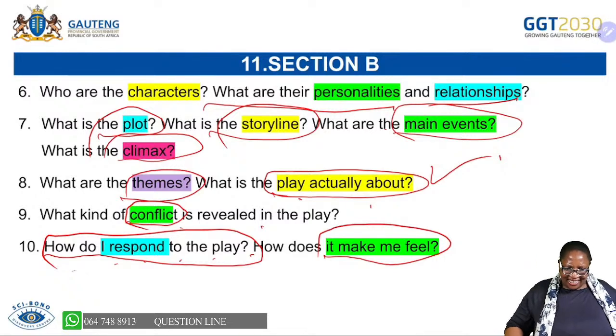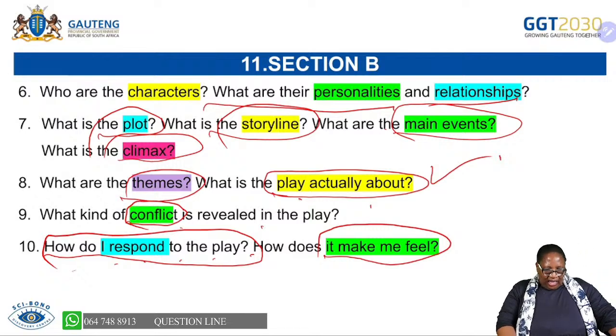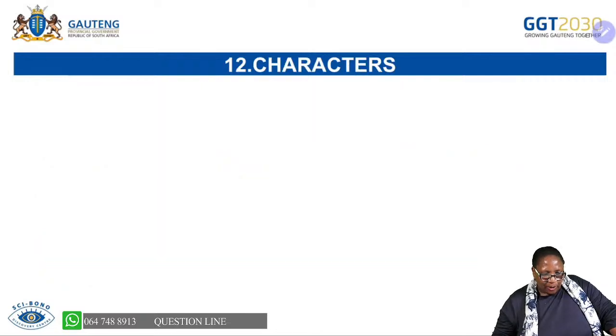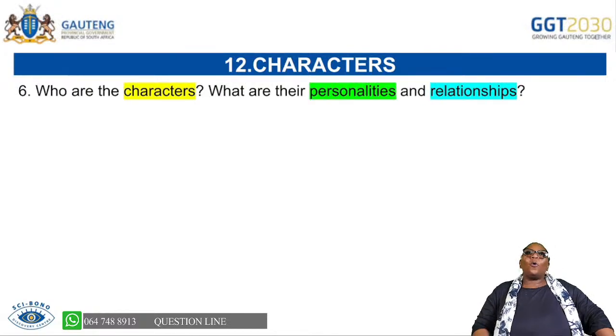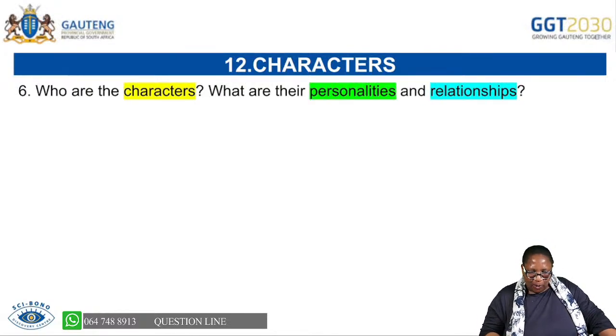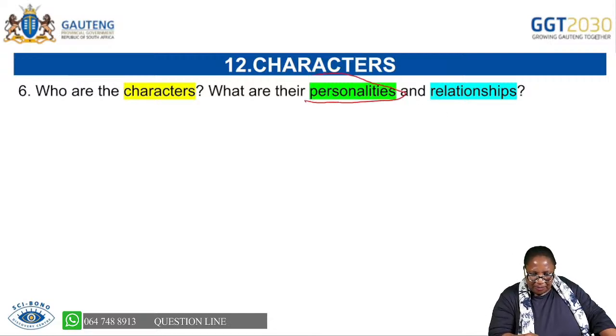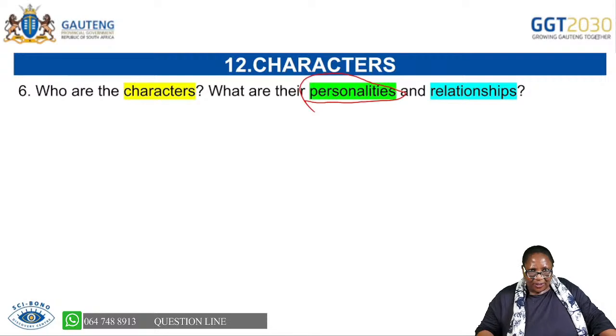Welcome back, learners. I hope you enjoyed answering the questions. Let's see. Who are the characters? What are their personalities and their relationships? And do you see what I'm getting to?